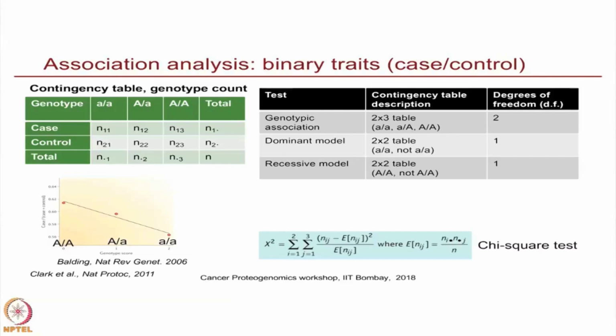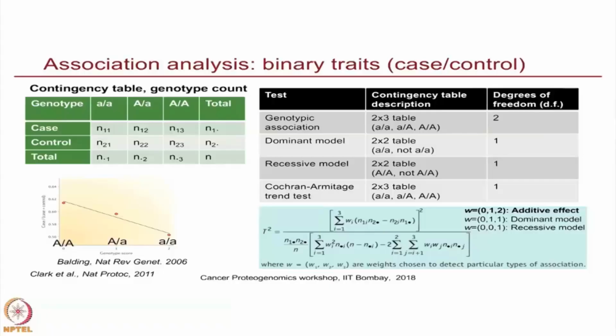So people have come up with what's called the Cochran-Armitage trend test. With this test, by playing with the weights, the W's in the formula, for example if you set the W as 0, 1, 2, you will be able to test this additive effect with the formula.